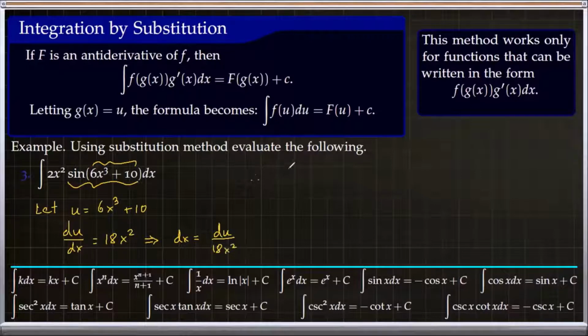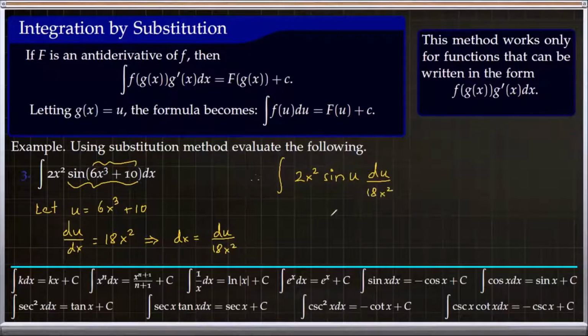So therefore, the integral becomes 2x^2. I'm going to write 2x^2 as it is. Sine of u, we are letting this whole thing be u. And dx is du over 18x^2. Okay.